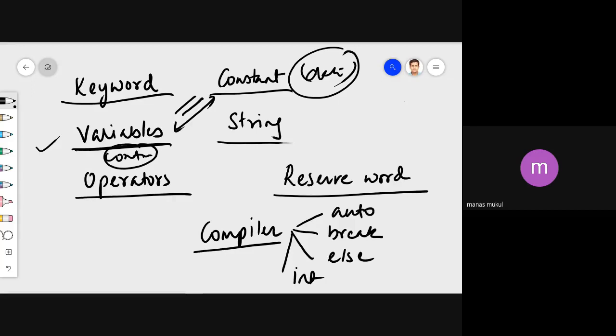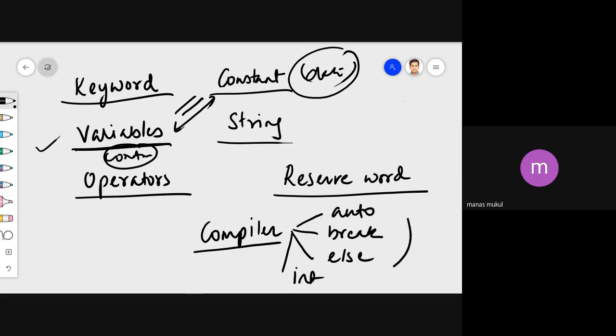Now keywords are reserve words. What is the purpose of reserve words? Reserve words are words which the compiler uses for its very specific purpose. That means the compiler has taken them for itself and assigned certain meaning to those words, which the compiler will understand.